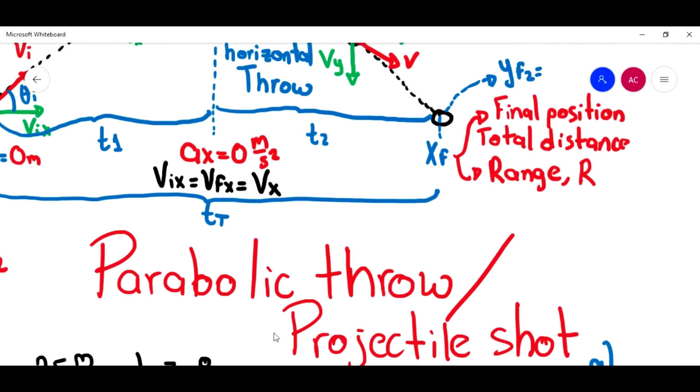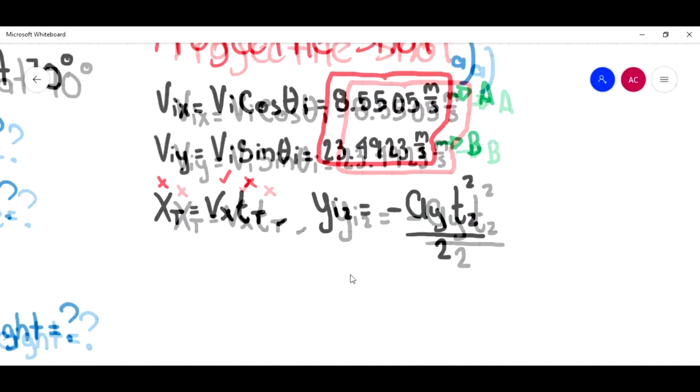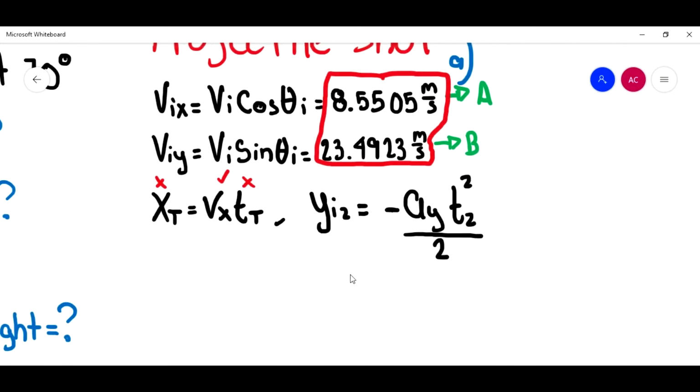Okay, so I'm just going to make a little arrow over here, and I'm going to say that this is the maximum height.